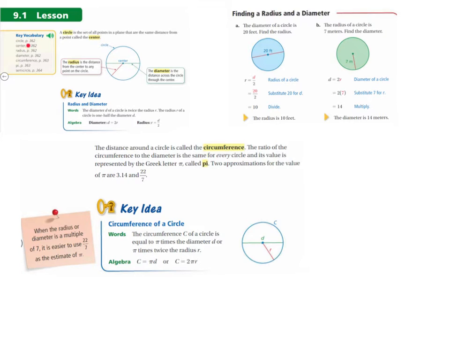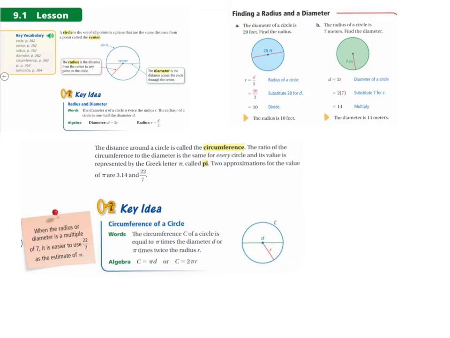So here's some of your vocabulary. Hopefully you're following the laser. So the circle, and we're going to define the circle because I'm not sure everybody really realizes it's the set of all points in a plane that are the same distance from the center.